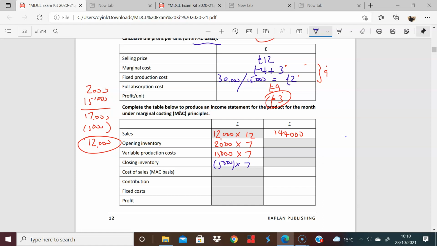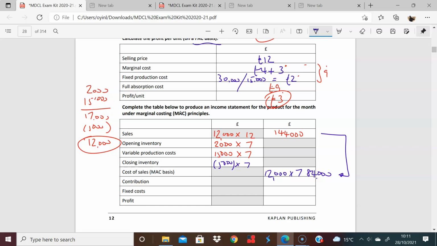So my cost of sales are the equivalent. This is the accruals concept in action. 12,000 times 7, that's 84,000, isn't it? So find the difference between these two, and then you get your contribution.